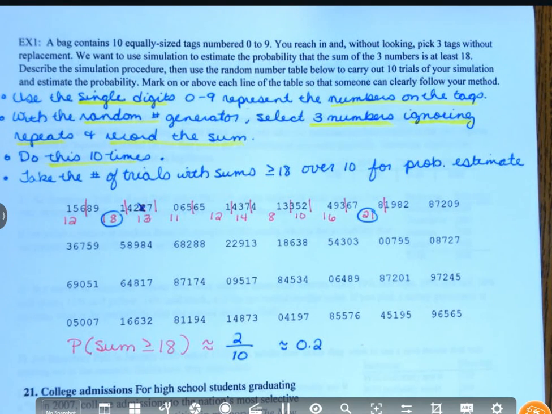Any questions with that? How do you think you did? What did you leave out? Anybody want to tell me what they left out? If you own it, you're less likely to make that mistake in the future. Yes, thank you. Okay, the random number generator, good. Okay, so because that's part of it, the part of it is the repeat.